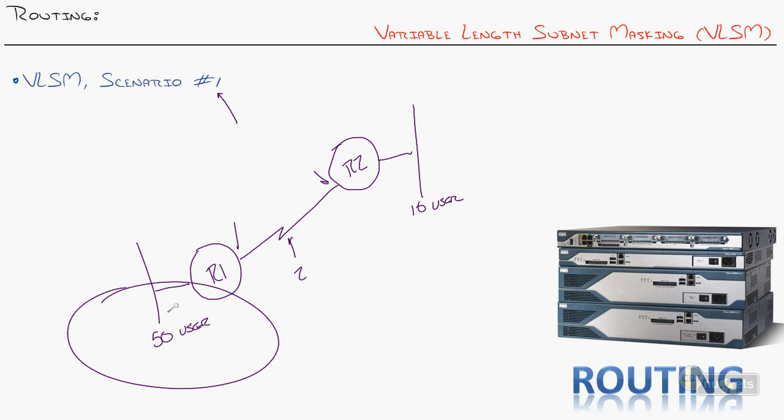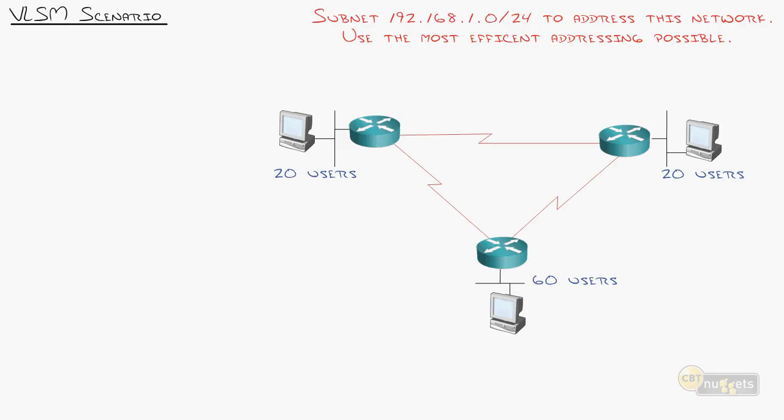But then using that subnet mask here wastes a whole bunch of IP addresses, and same thing here. So VLSM is really just saying, I want to find one subnet mask for that network, one subnet mask for that network, and then pushing it all together. So now let's move into our example of VLSM.